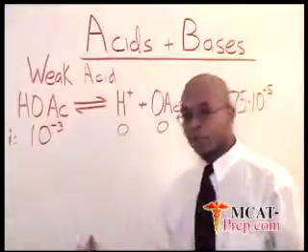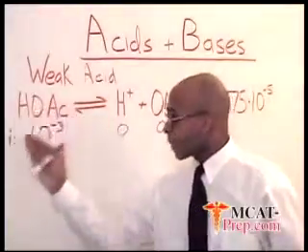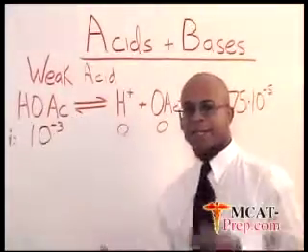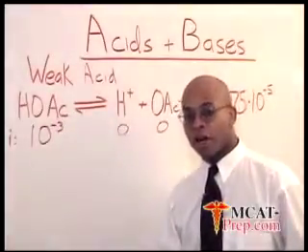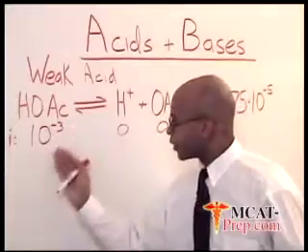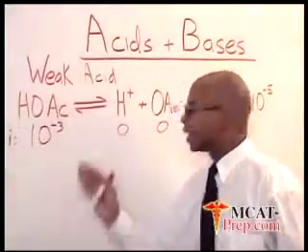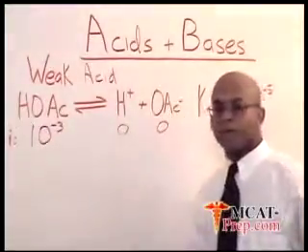But if the solution is that of acetic acid and that is the only thing being added to solution, then we have 10 to the minus 3 as the initial, and there's nothing of the others yet.